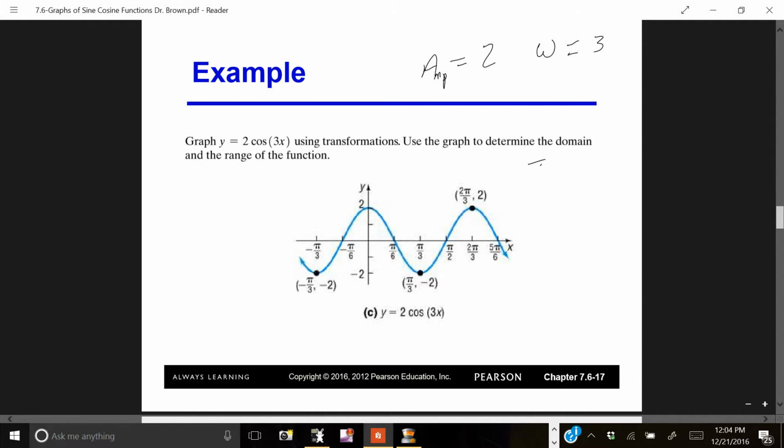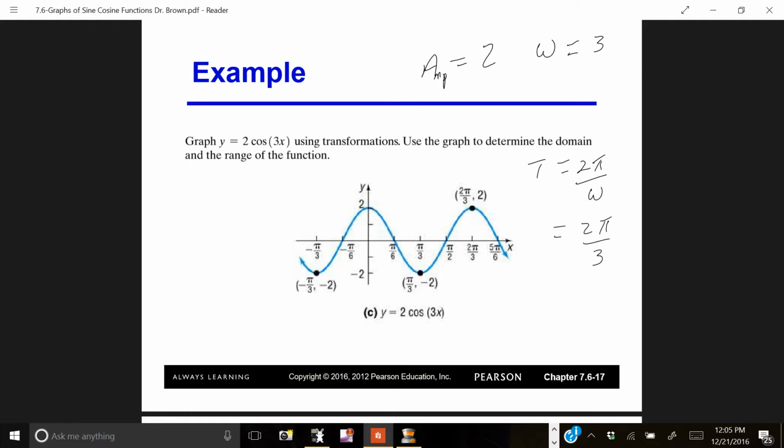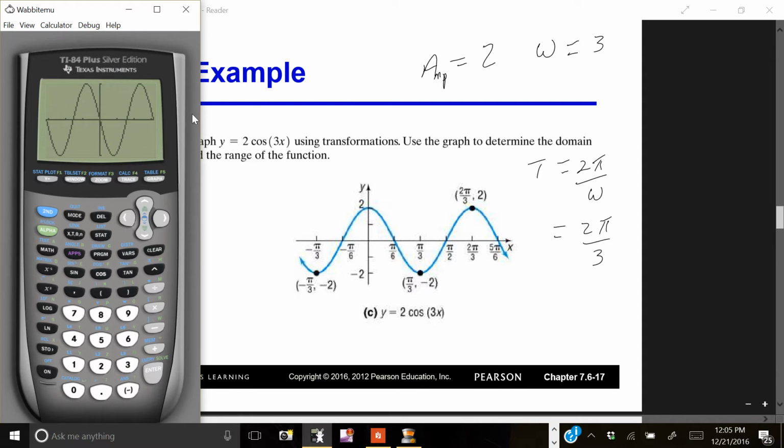So the period is 2 pi over omega, which is 2 pi over 3. So let's put this into our calculator and graph it.